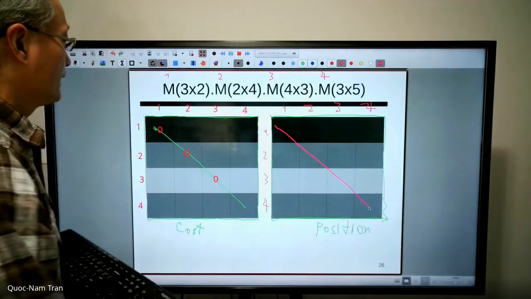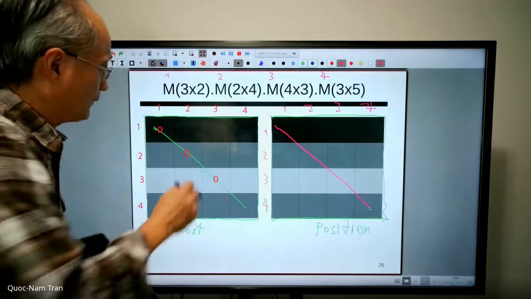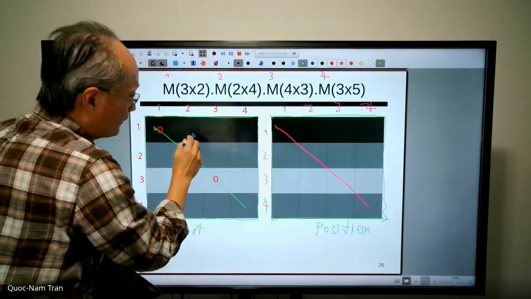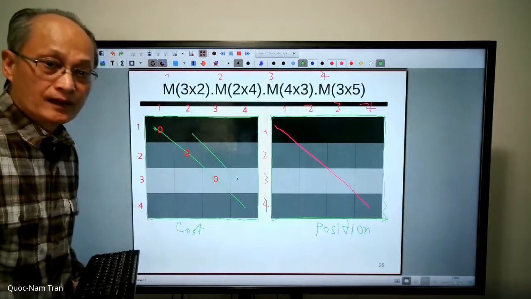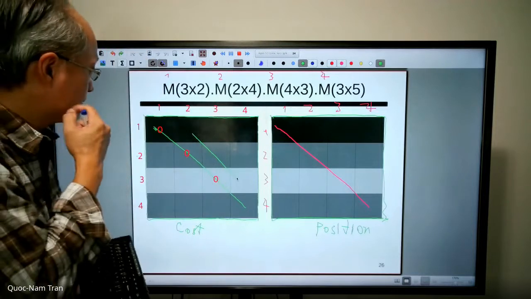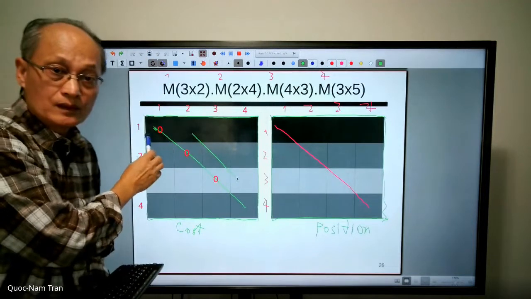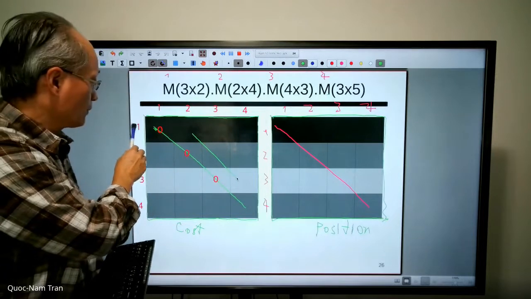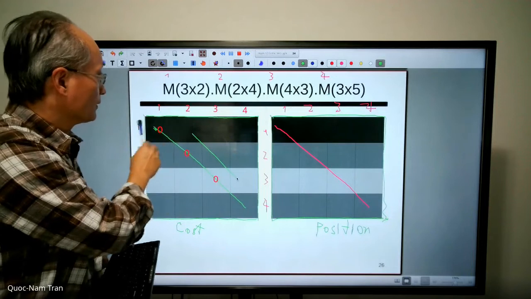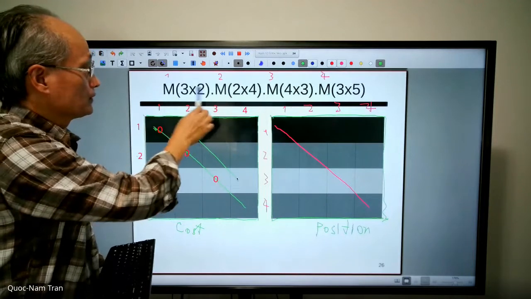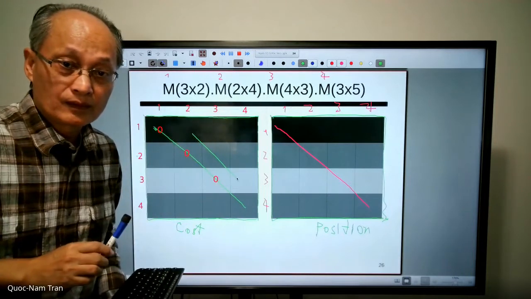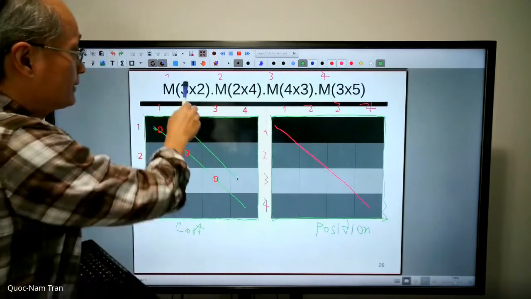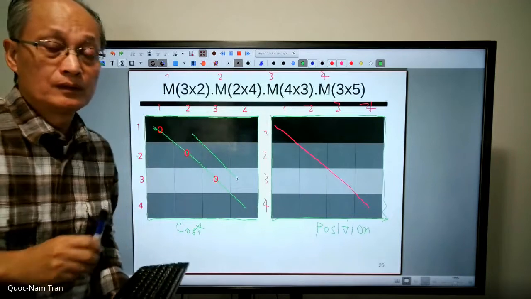Okay. Now, the next thing I will do is follow this diagonal. What does it mean? It means that I want to know the minimum cost if I multiply the sequence from 1 to 2. What would be the minimum cost for multiplying from 1 to 2?